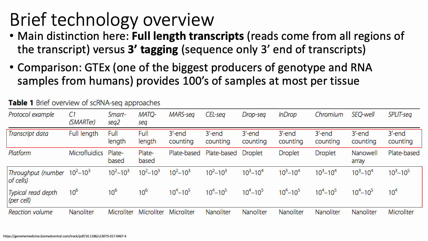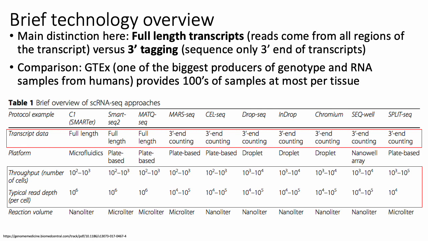What I mean by that is if you look at the full-length based approaches, generally speaking, the number of cells that you can sequence is typically on the order of at most 100 or maybe 1,000 cells per assay. Whereas the 3' end counting methods allow you to sequence a few orders of magnitude more cells compared to the full-length approaches.